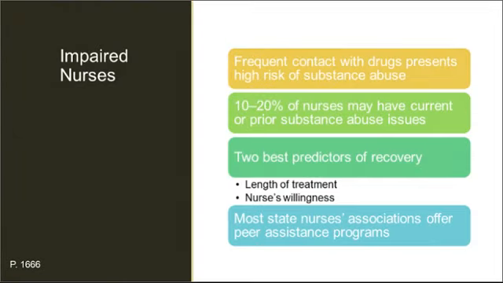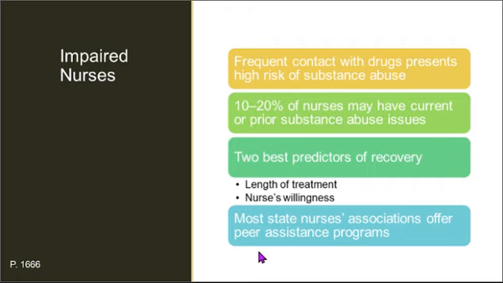Impaired nurse program, page 1666. I have helped nurses through that. Table 22.3 on the bottom of 1666, warnings of impaired nurse in the workplace. Look over this. 10 to 20% of nurses may have concurrent or prior substance abuse issues.